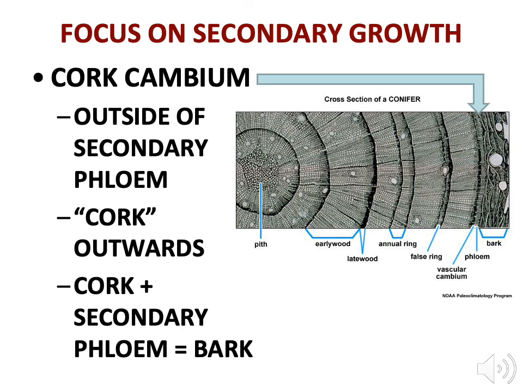So we're going to understand that bark is a combination of secondary phloem and the cork that's produced outside of it. And that cork consists of dead cells produced by this second type of lateral meristem called the cork cambium.